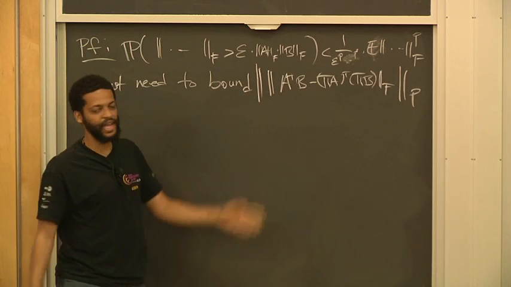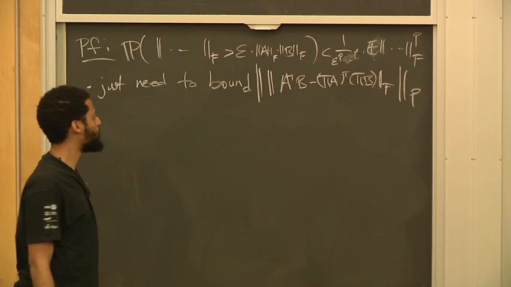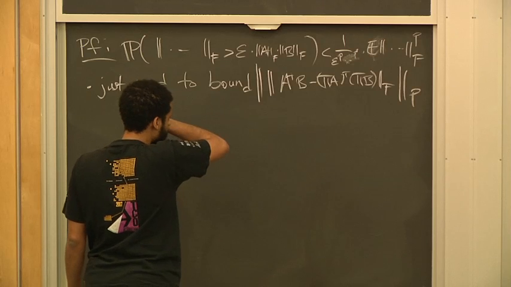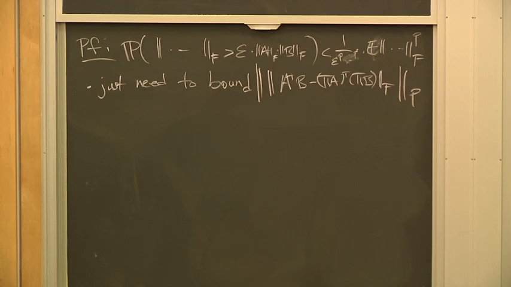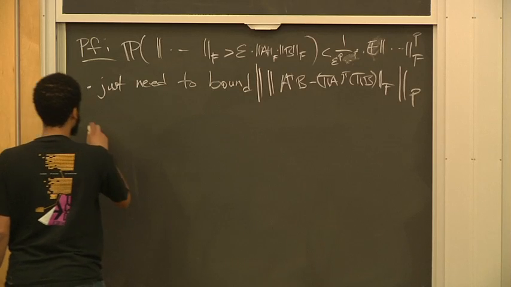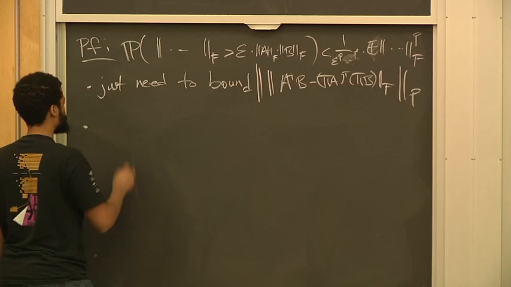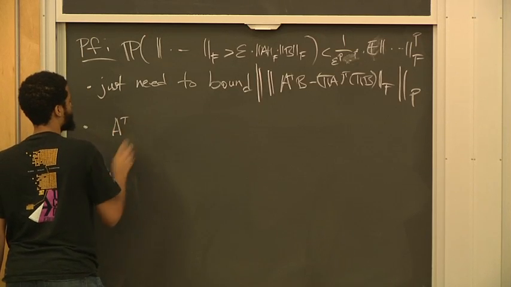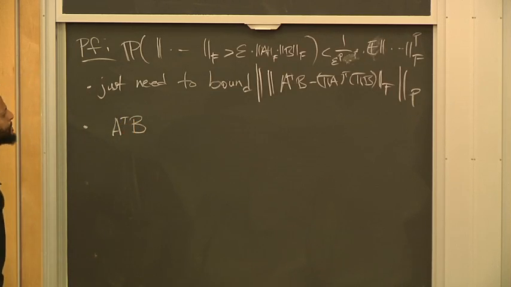Again, A has rows a_i, B has rows b_i. Actually, let me write it like this.